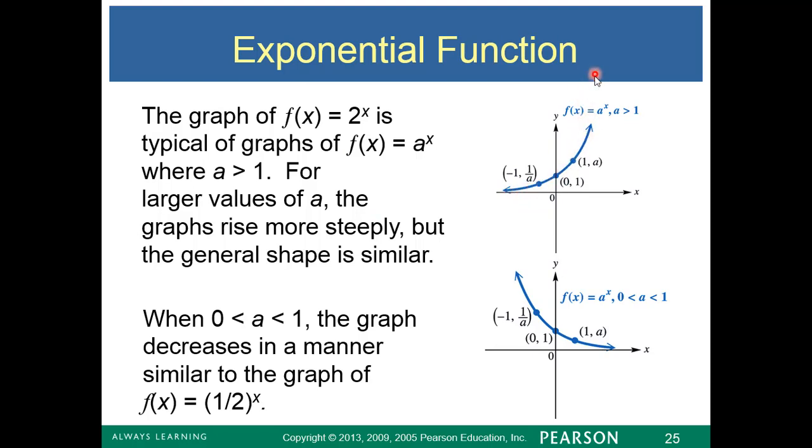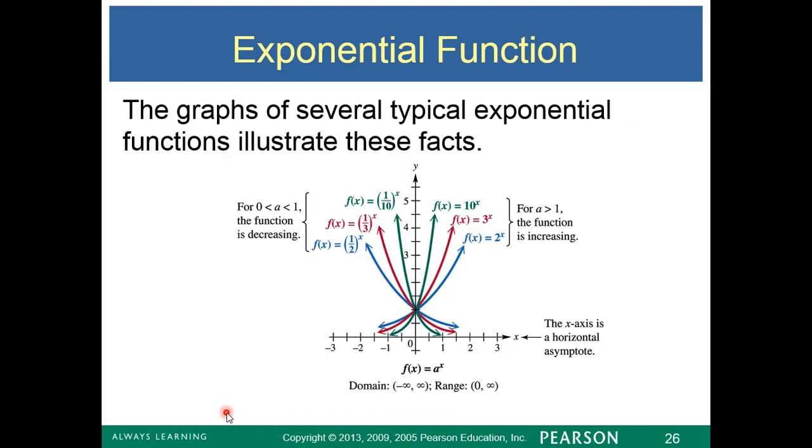Okay, but it has the same general shape. If the base is between 0 and 1, then you're going to get this function. And again, as this 2 gets bigger and bigger, well, this whole thing gets smaller and smaller. And so you get this type of behavior.